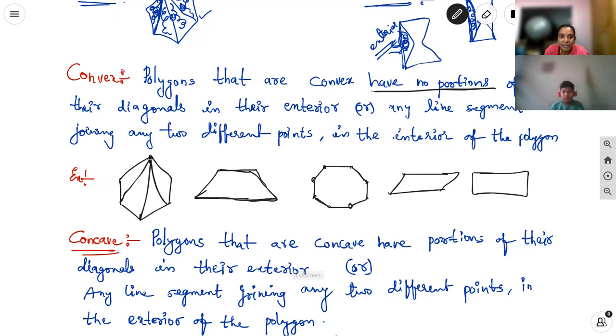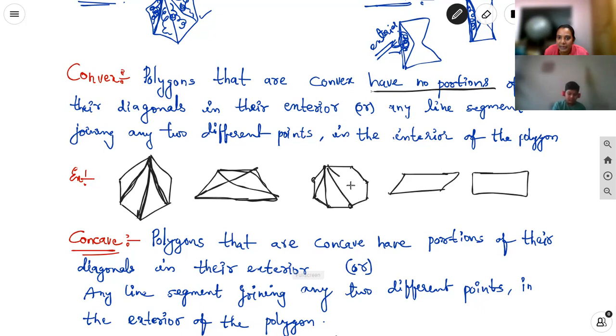If we join two points, such line segments are the diagonals. When we draw the diagonals, there is no portion outside. See here, this is one diagonal. The diagonals are inside of the figure only. Here also, this is one diagonal.